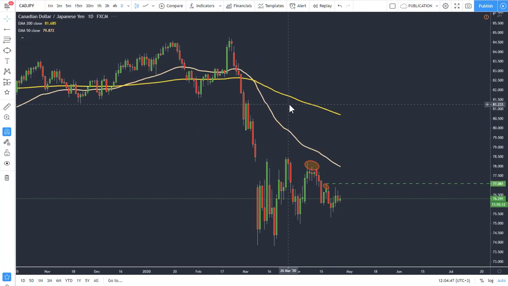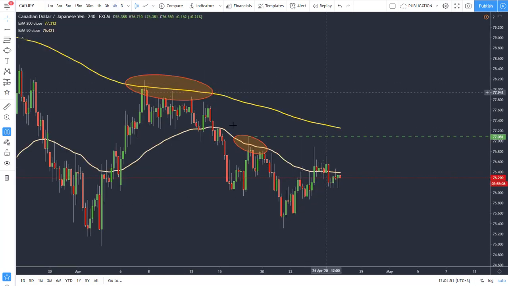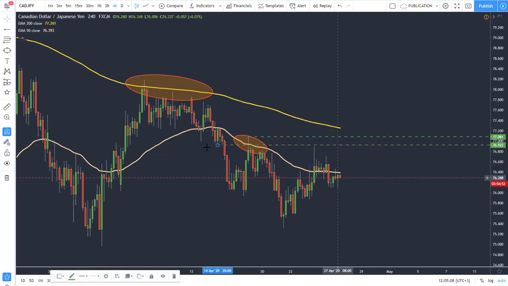Now, Canadian versus Japanese yen. I will move on to the 4-hour chart. What we see here is a bounce off the 200 exponential moving average right there. Now we have another bounce off the 50 exponential moving average. Prior to that, we had another bounce off the 50 exponential, and after the breakout, we formed the resistance at this area.